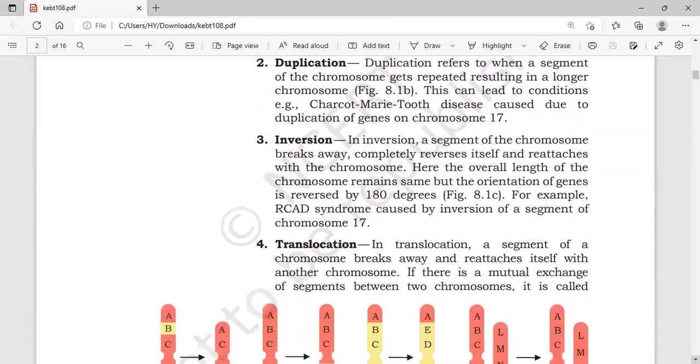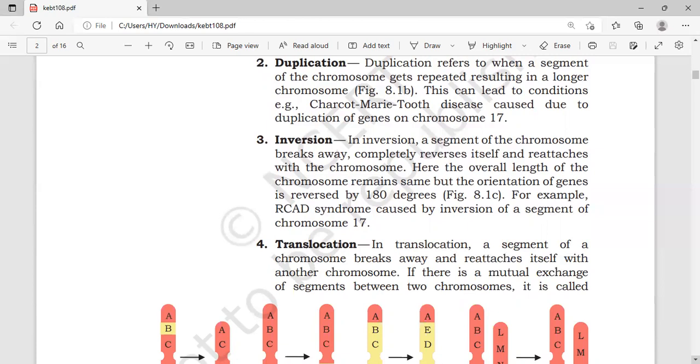Inversion: a segment of chromosome breaks away completely, reverses itself and reattaches with the chromosome. Here, the overall length of the chromosome remains the same, but the orientation of the gene is reversed by 180 degrees. So inversion is the reversion of the chromosome.